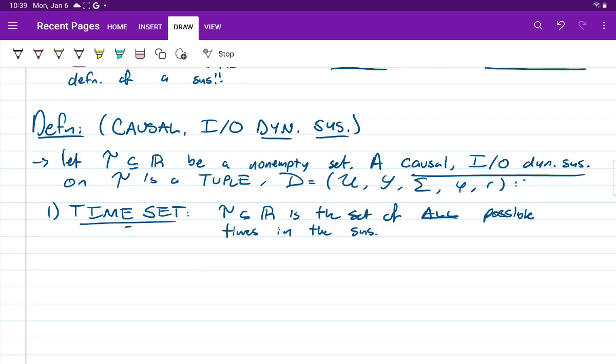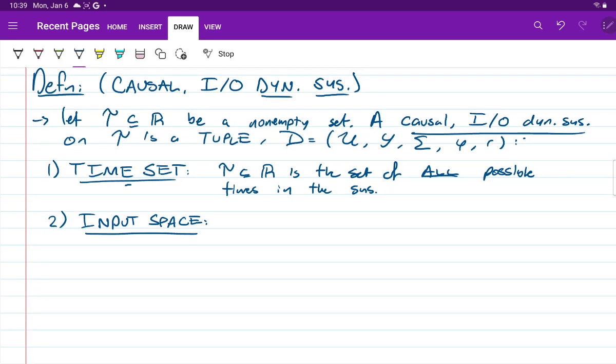Now, what do these other components represent? Two, we have the input space. This set curly U, or mathcal U, whatever you'd like to call it, is the input space of the system.